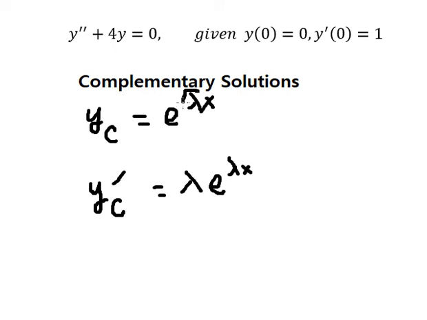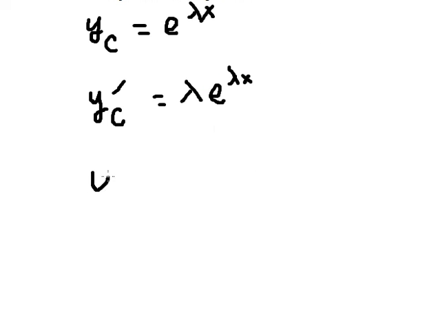We keep the same e to the power of lambda s, then take the derivative of lambda s, and you get lambda in here. Now we go to the second derivative of yc, and we have lambda squared e to the power of lambda s.